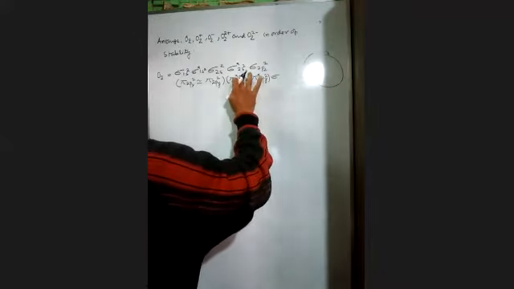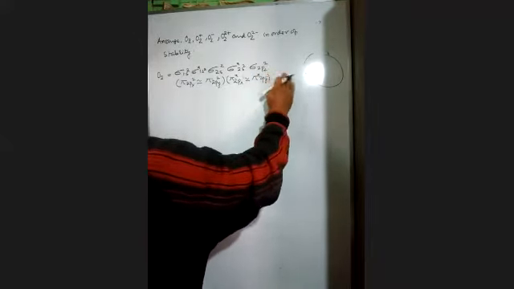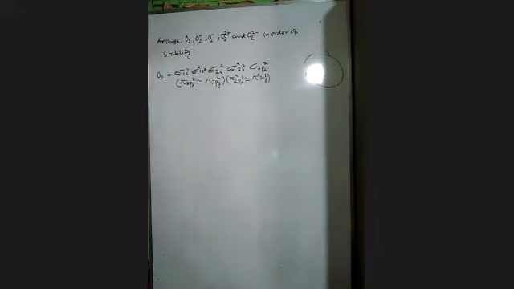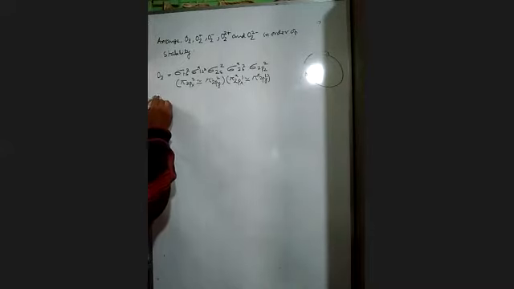Oh, sorry. This is 1 and 1. Let you know. So let me write here O2 plus first. Let me find out the bond order.